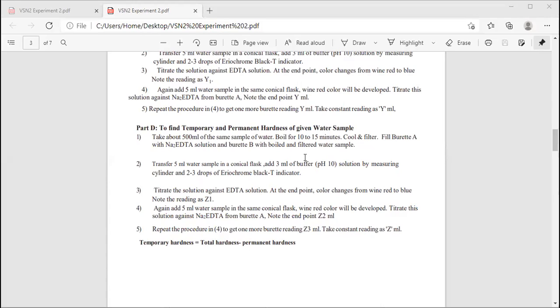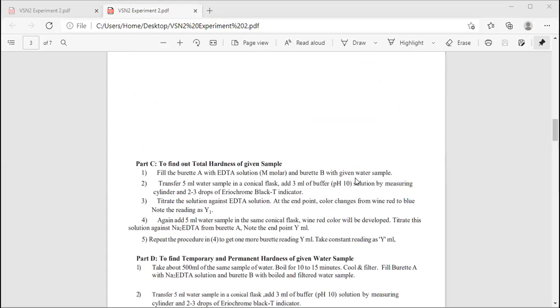So you have to take 5 ml, add 3 ml buffer again to have the alkaline pH, 2 drops of Eriochrome Black T indicator and titrate it with EDTA. Repeat the same procedure 3 times and get the constant burette reading, Z ml.